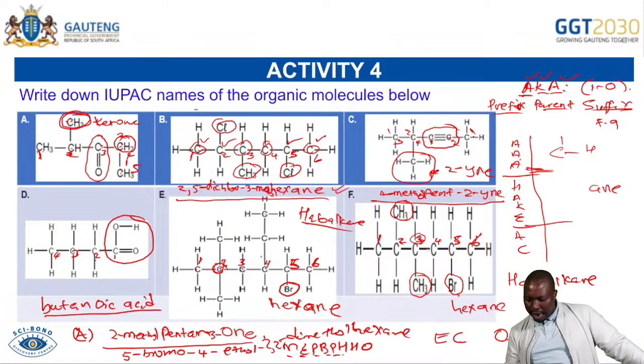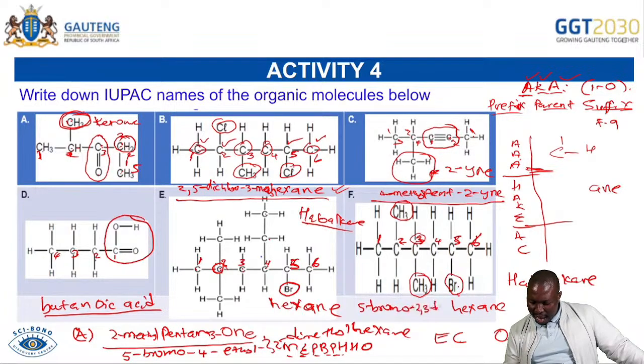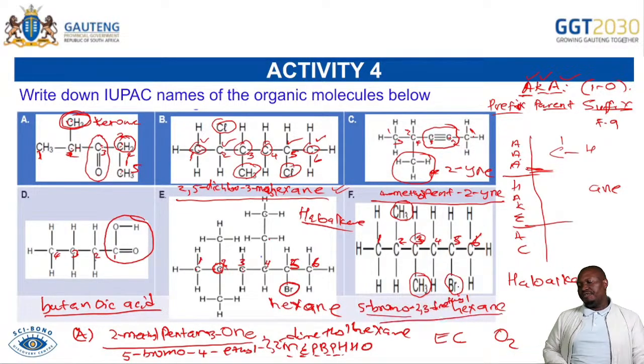And then in carbon number 5, we have a bromo. So we'll say 5-bromo. Remember, B comes before M. 5-bromo, 2,3-dimethylhexane. Don't forget the hyphen and the comma. It's 5-bromo-2,3-dimethylhexane. That becomes the name of that one.